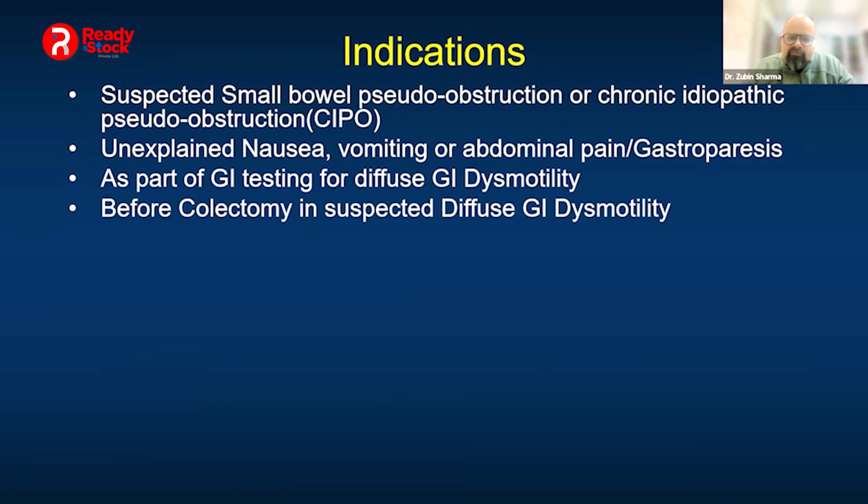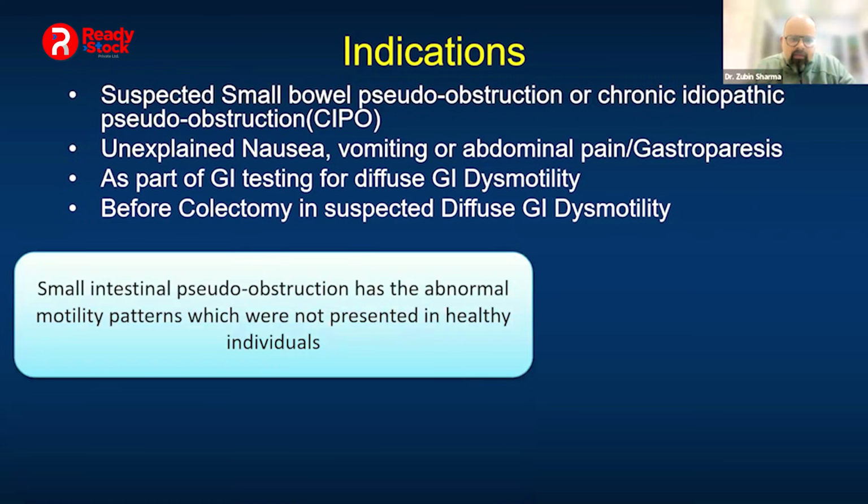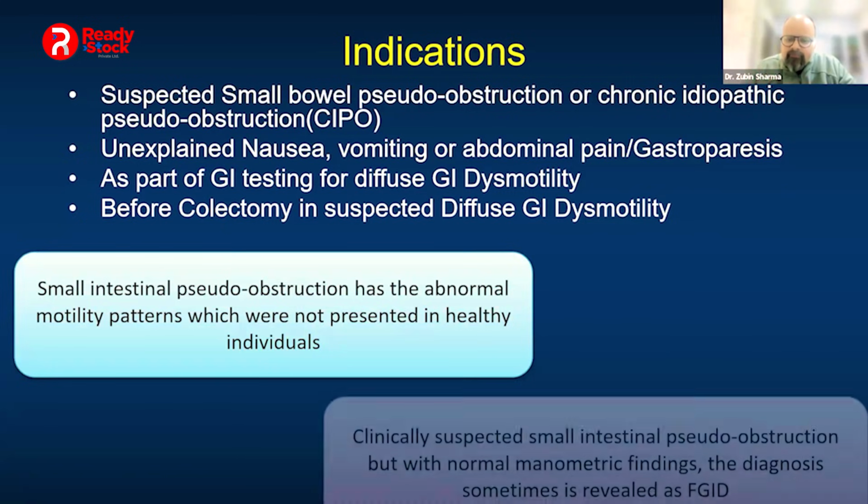It is used as a part of GI testing for diffuse GI motility before, for example, you have a patient who has been labeled as colonic inertia and asked for a colectomy. You need to look at small bowel and stomach before you go for a surgery for them. So in all the indications, antroduodenal manometry is required. Small intestinal pseudo obstruction on ADM has patterns which are abnormal and never present in healthy individuals.